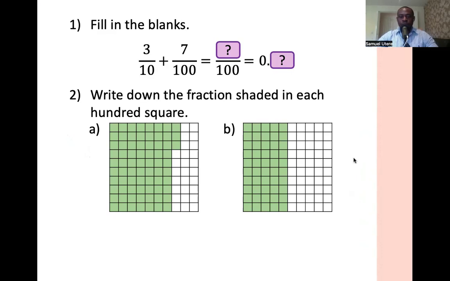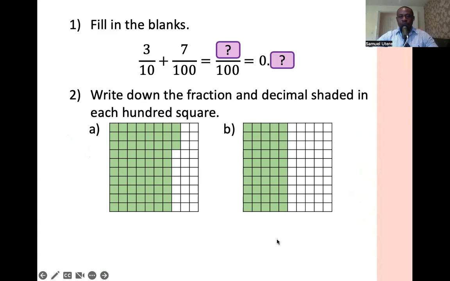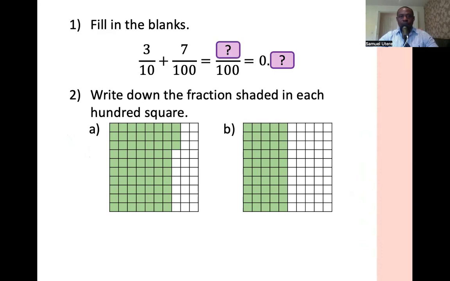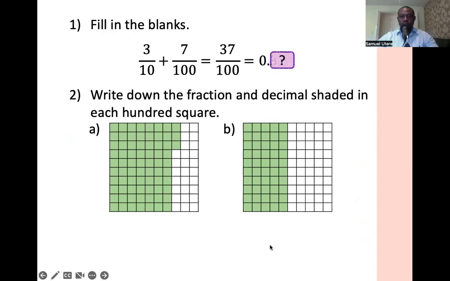Assuming you've paused the video and you've answered the retrieval practice questions, here are the answers. We know that 3/10 is 30 hundredths.